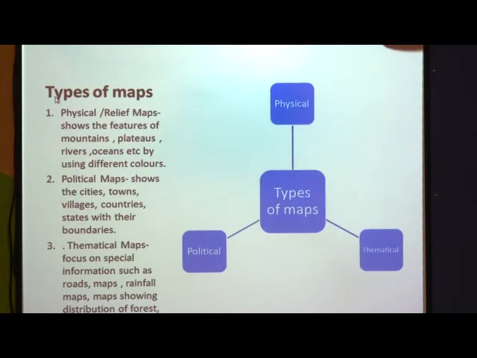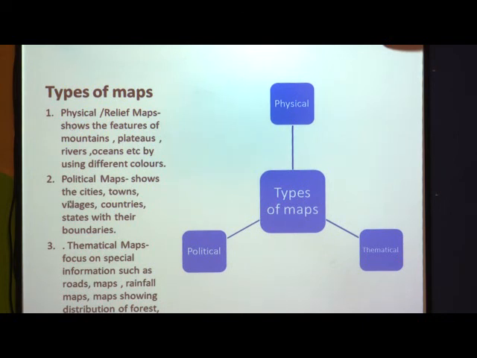So, here we have seen different types of maps. What are these different types of maps you have learned, children? They are physical maps or relief maps, political maps, and thematic maps. Physical maps show the mountains, plateaus, rivers, oceans.